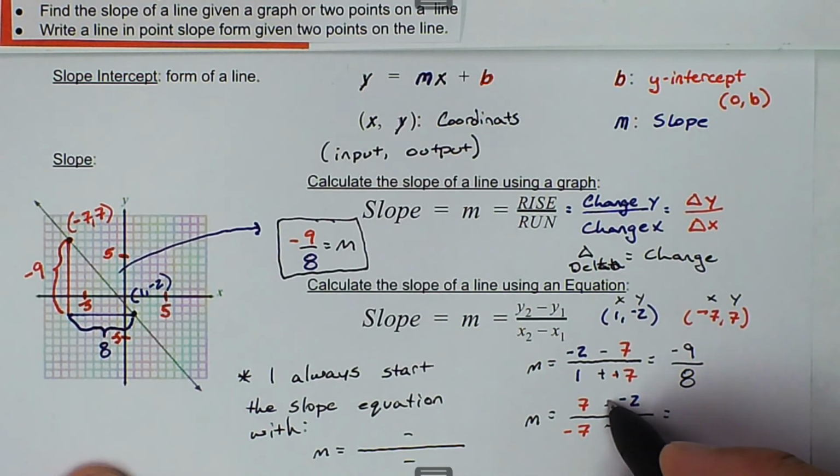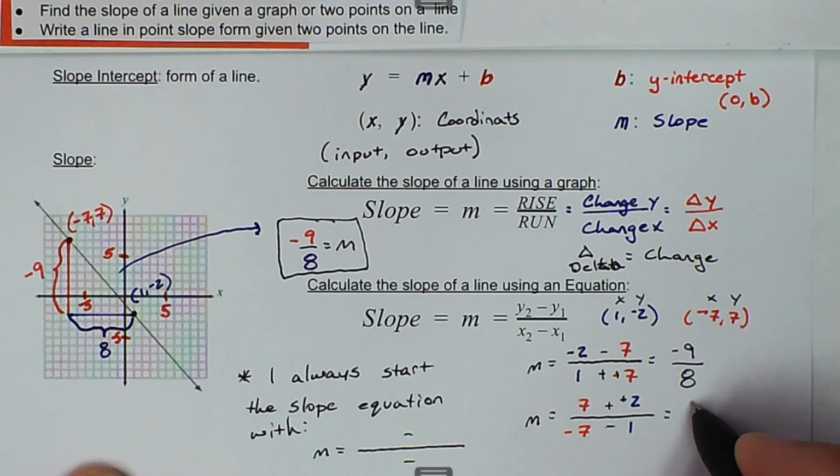And negative and a negative means that we add. So that becomes 9. And -7 minus 1, that becomes -8. So again, we have 9 over 8. So both slopes are the same.